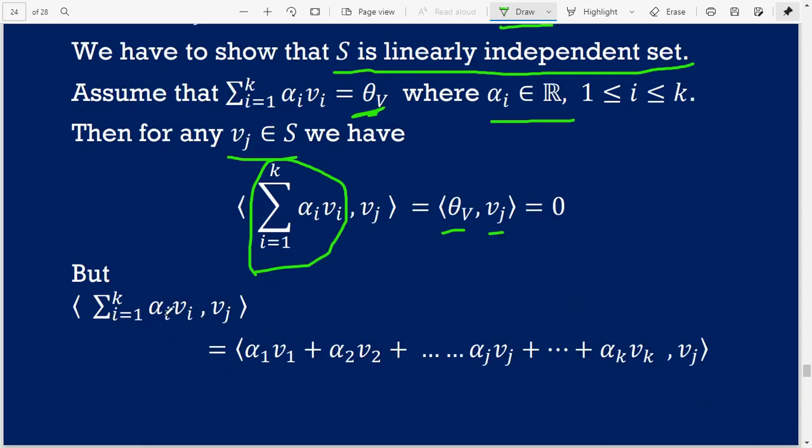So now put the value of the summation i = 1 to k alpha i vi with vj, which is equal to the inner product of alpha 1 v1 plus alpha 2 v2 plus up to alpha j vj plus up to alpha k vk with vj.